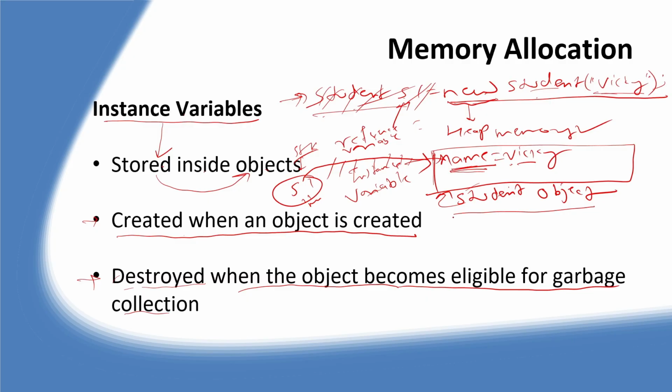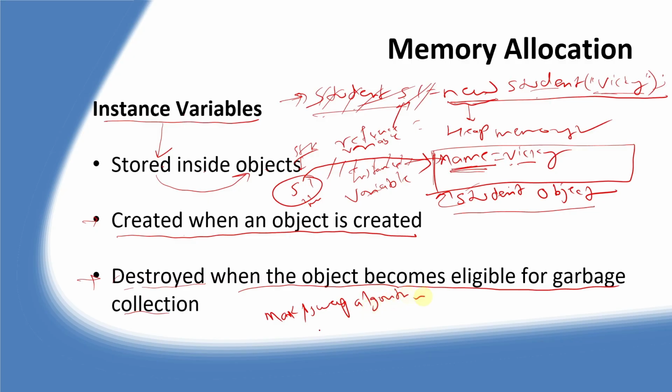What it will do, since there is no reference to this object, it will destroy this object. So garbage collector is a mechanism. It will check on regular basis, regular time period, whether an object is referenced or not. If it is not referenced, then garbage collector will destroy this object or delete this object from the heap memory. So garbage collector follows one algorithm, mark and sweep algorithm.